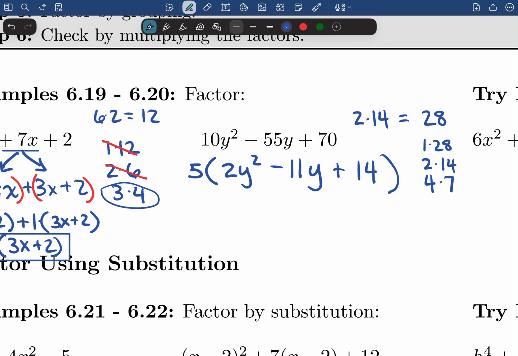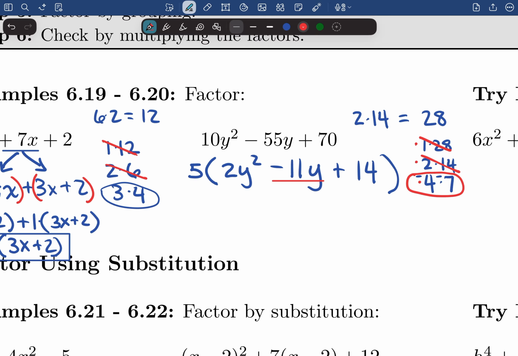And now I think for a second about which one will sum to make negative 11. I need one of these sets of factors to sum to make negative 11. Well, if I make 4 and 7 both negative, negative 4 plus negative 7 is negative 11. I have found them. This is the set of factors I'm going to use. The 1 and 28 doesn't work, and the 2 and 14 doesn't work. So I have found the only one that works.